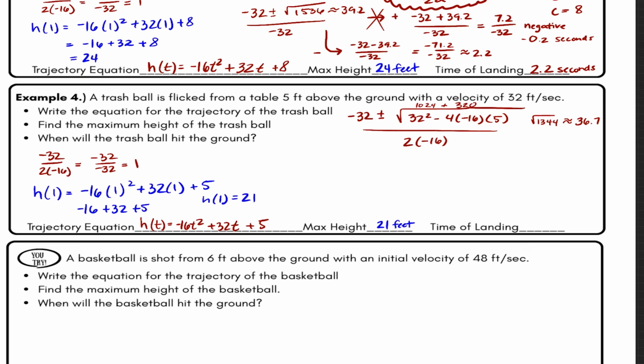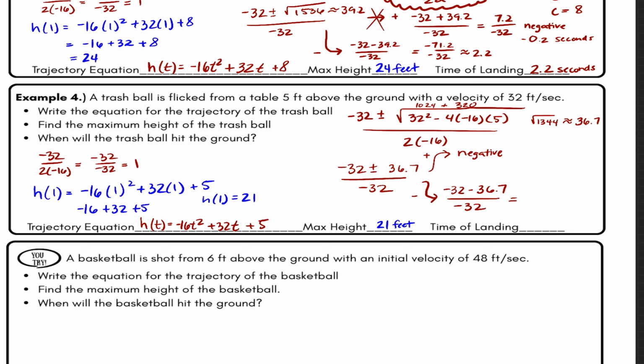Okay, so we got negative 32 plus or minus 36.7 divided by negative 32. Remember, the positive version of this problem is going to give us negative time, so there's no need to go down that rabbit hole. Instead, we're just going to do the negative version of this problem. So it's going to be negative 32 minus 36.7 divided by negative 32.